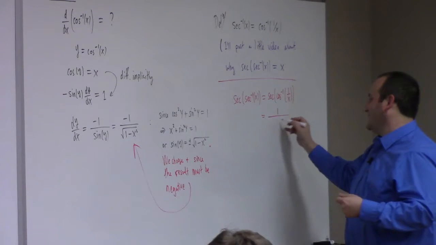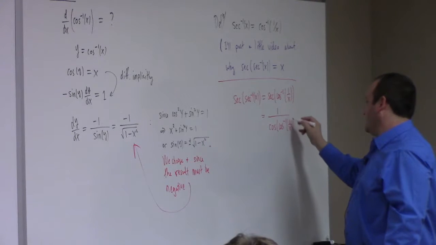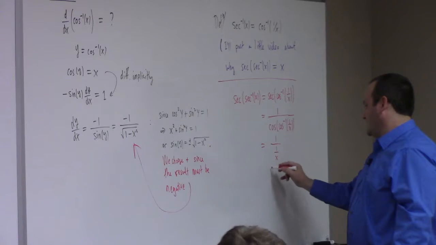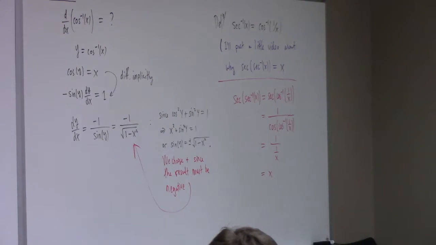So this is 1 over cosine of cosine inverse of 1 over x, which is x. So this definition seemed mysterious to me yesterday, but if I just had the courage to try to calculate for like a minute, we would have understood that it's really just the regular definition in disguise. But that was useful to us because it allowed us to differentiate with the chain rule to discover the derivative of inverse secant yesterday. But that's all the mystery that's there.